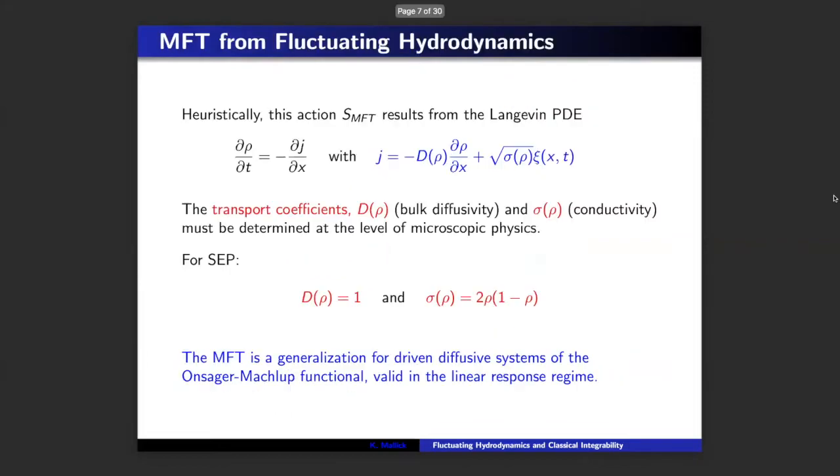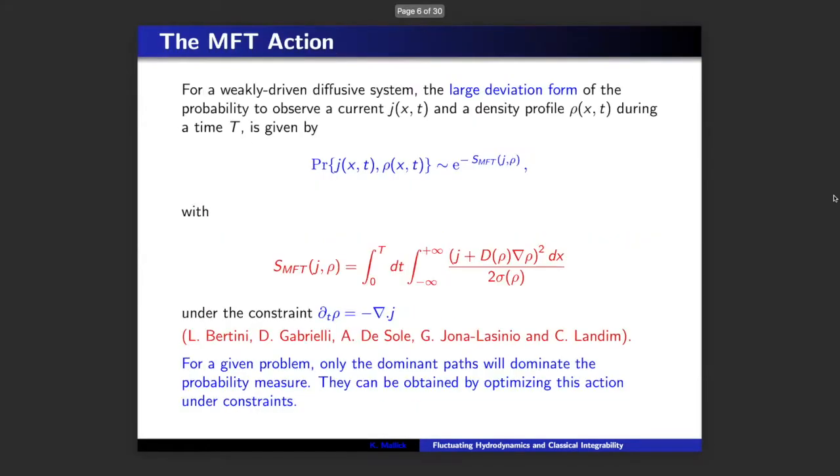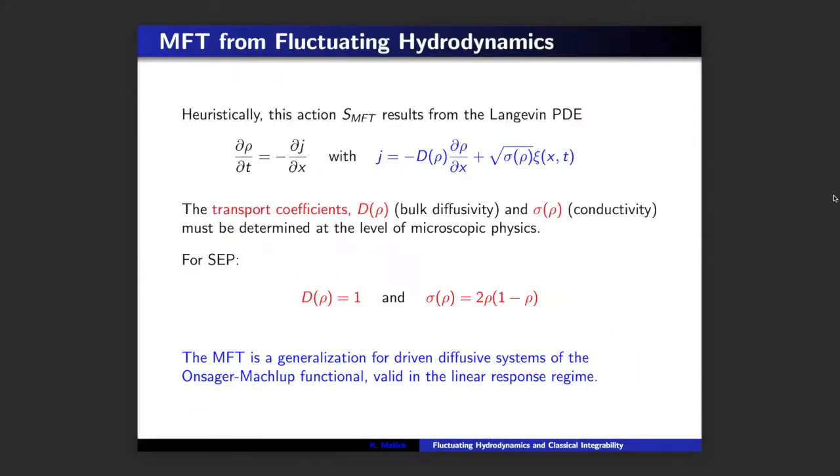Indeed, you had here before the hydrodynamic equation. In the hydrodynamic equation, there is no probability. It's a deterministic equation. Okay. And as I told you, you can reconstruct this action for the MFT, or you can understand it in a kind of heuristic way by saying that, in fact, instead of writing the equation that I just wrote before, which would be the same as that one, forgetting about the external field, and removing the external field. I'm totally symmetric now. You add a noise term, but the amplitude of the noise depends on the conductivity.